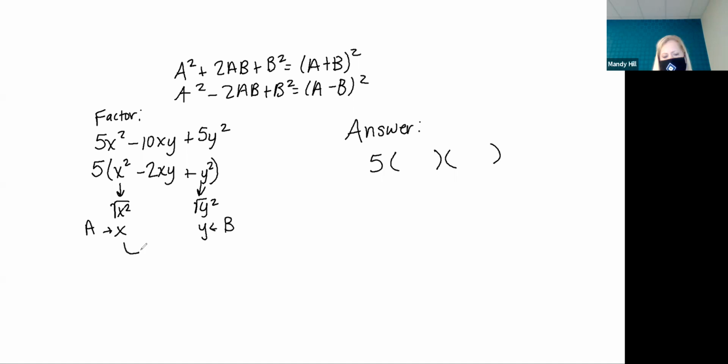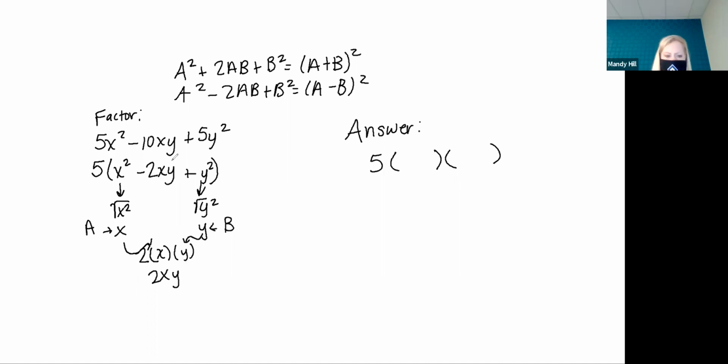And then you go, well, what is 2? You always multiply 2 times, because the middle term both have a 2 or a negative 2 in front. 2 times you plug in the x, and then you want to plug in your y, which is going to give me 2xy.